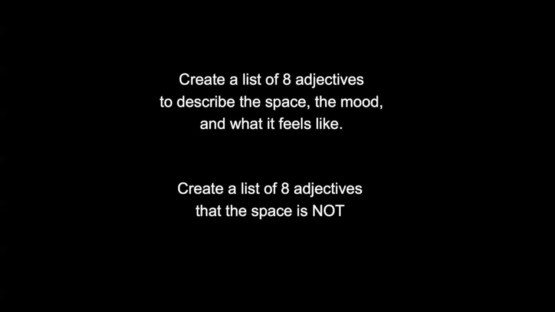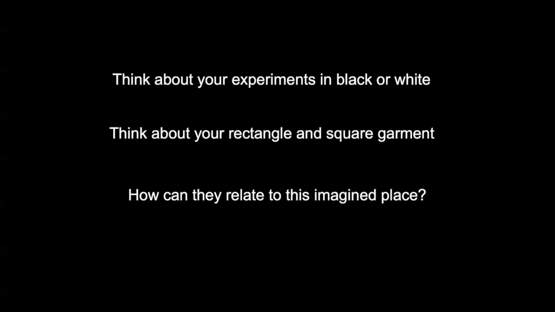So after you have that, I also want you to go back and think about your experiments in black and white and your rectangle and square garments, and how they can relate to this imagined place. Do any of the textures that you saw, looking over the cliff, or your edge, look like one of your experiments?